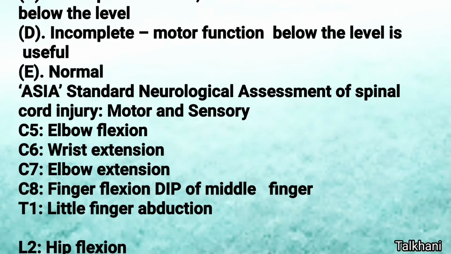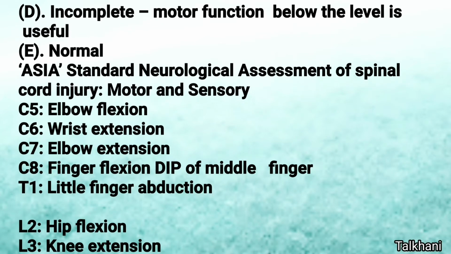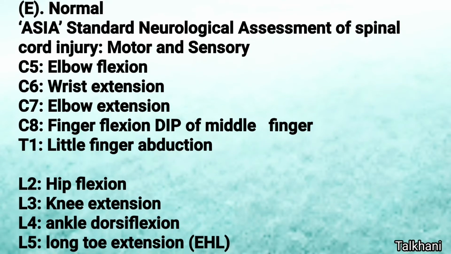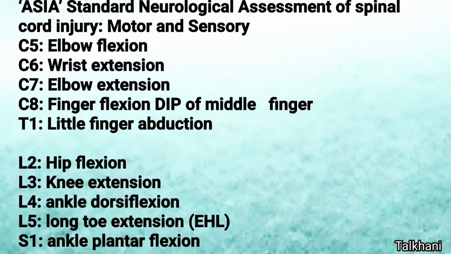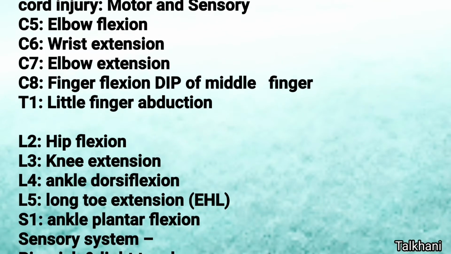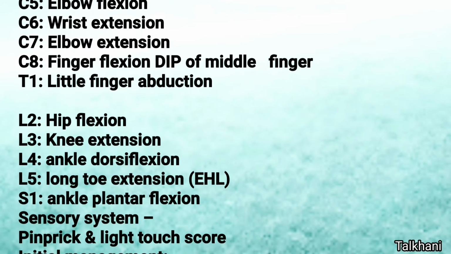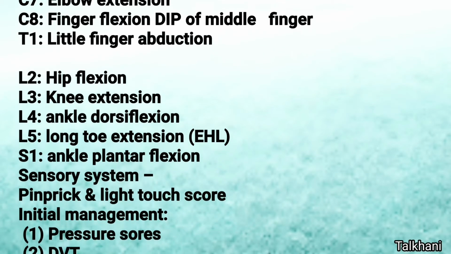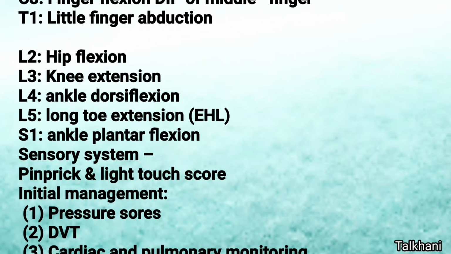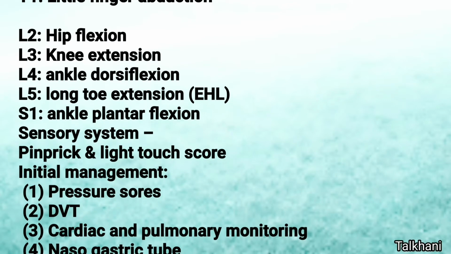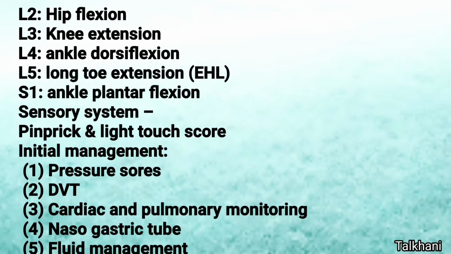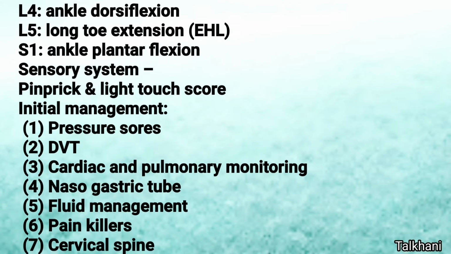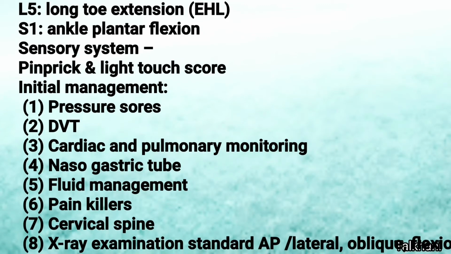ASIA standard neurological assessment of spinal cord injury for motor function are: C5 for elbow flexion, C6 for wrist extension, C7 elbow extension, C8 finger flexion, DIP of middle finger flexion, T1 for little finger abduction, L2 hip flexion, L3 knee extension, L4 ankle dorsiflexion, L5 long toe extension or extensor hallucis longus, S1 for ankle plantar flexion.